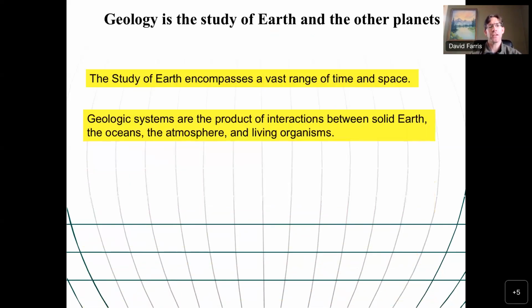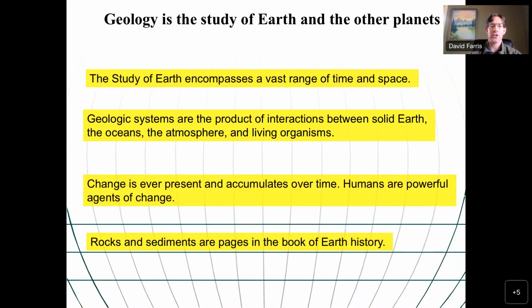Okay, so geology is the study of Earth and the planets. There are some things that are unique about this. There's a huge amount of time and space that this covers. Our planet formed 4.5 billion years ago, a huge length of time. This is one of the big discoveries of the 20th century, really: what is the actual age of our planet?